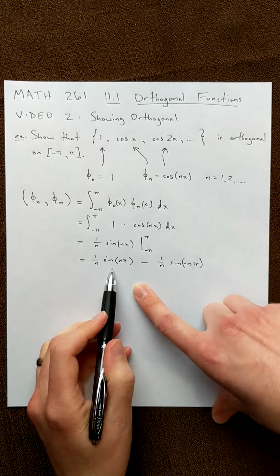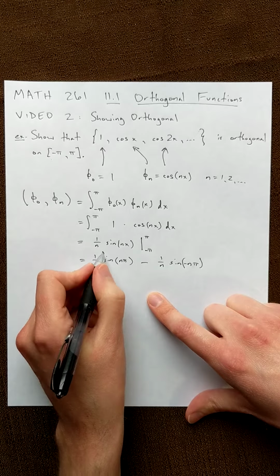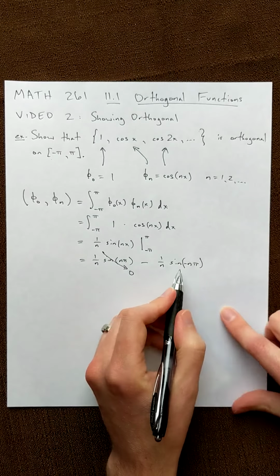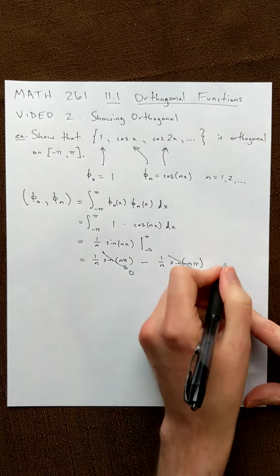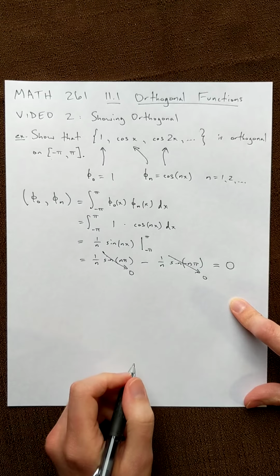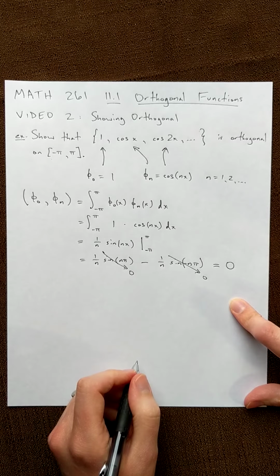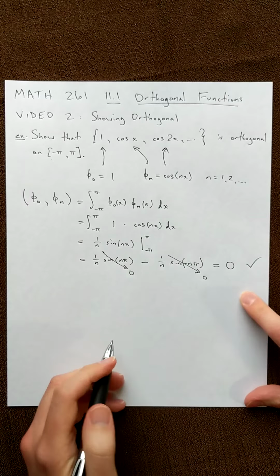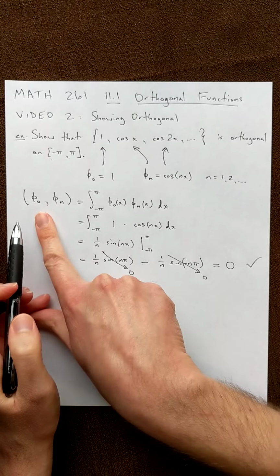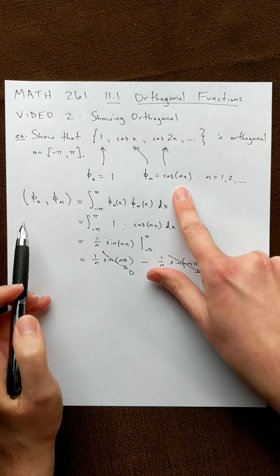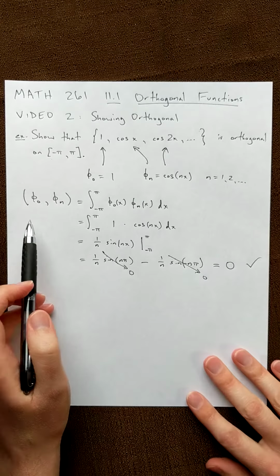But if you think about it, sine of a multiple of pi should be 0, and sine of a negative multiple of pi should also be 0, and so the whole thing ends up being 0. Wonderful. We want that to happen. We want the inner product to be 0 so that these two functions, 1 and cosine nx, are orthogonal.